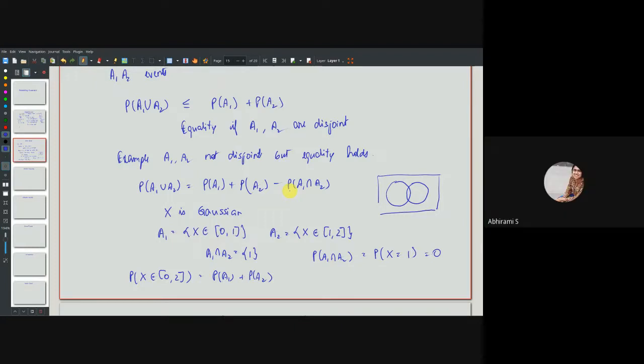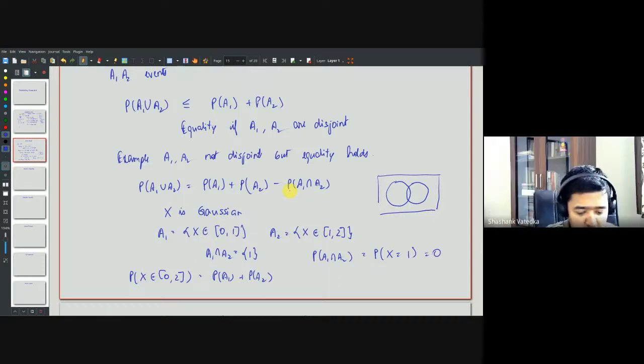Sir, like one discrete example, can you show, sir? I mean, you can always define the probability of certain events to be equal to 0, right?